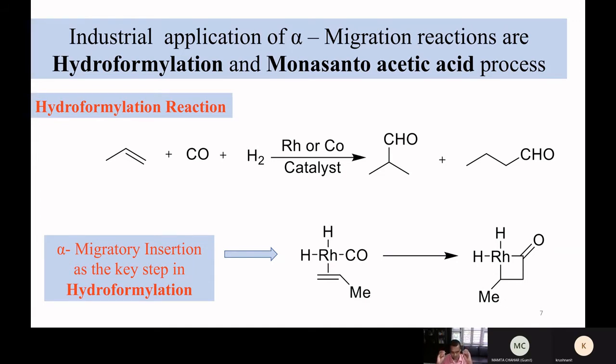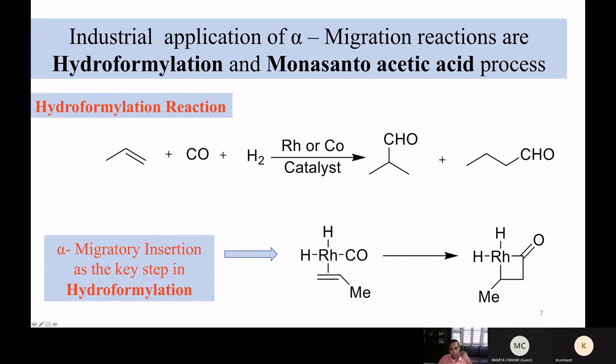If you put these two gases together along with this olefin, which is also a gas, and add a suitable rhodium catalyst, or cobalt catalyst, or even iridium catalyst, you can get these two aldehydes. This is called the branched aldehyde. This is called the linear aldehyde.